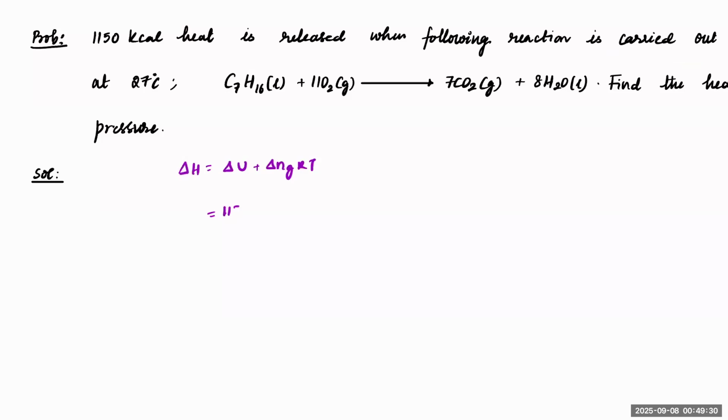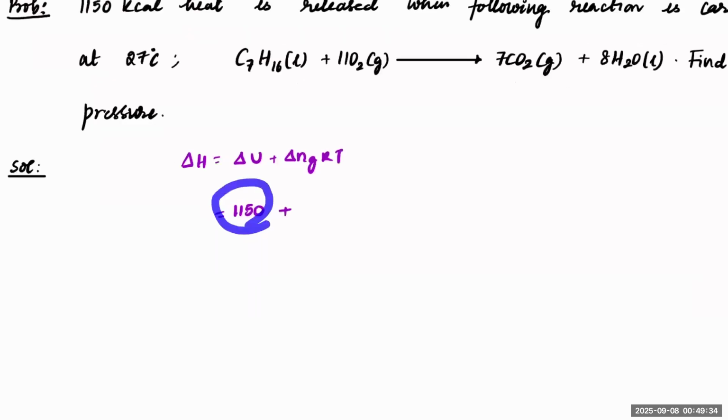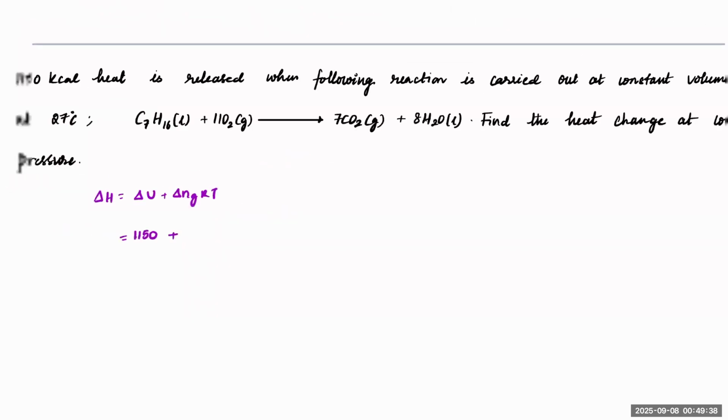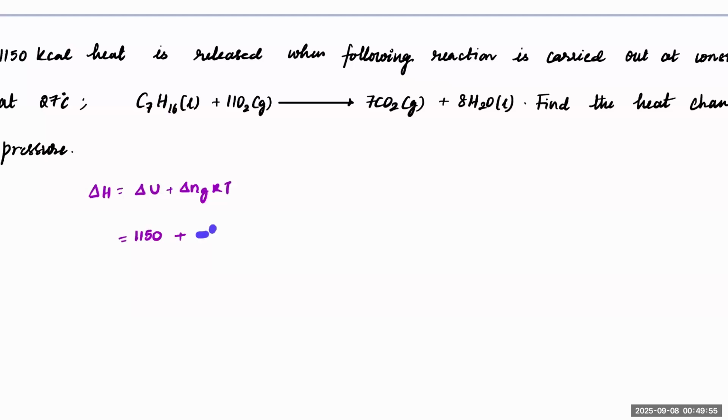Carefully observe that this is given in kilocalories, so we need to make sure the other terms are also in kilocalories. Now, what about the number of moles? On the product side, there are 7 gaseous moles. This is liquid. Here we have 11 gaseous moles. This is liquid. So 7 minus 11 makes it minus 4.